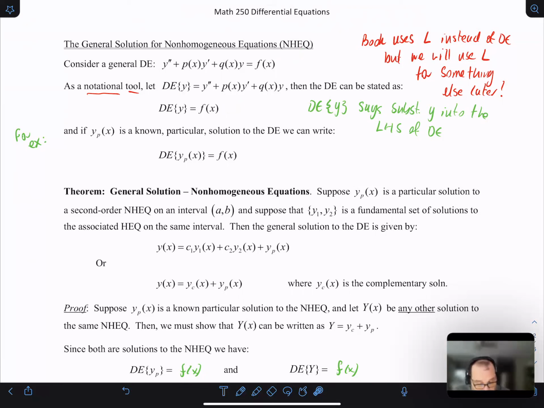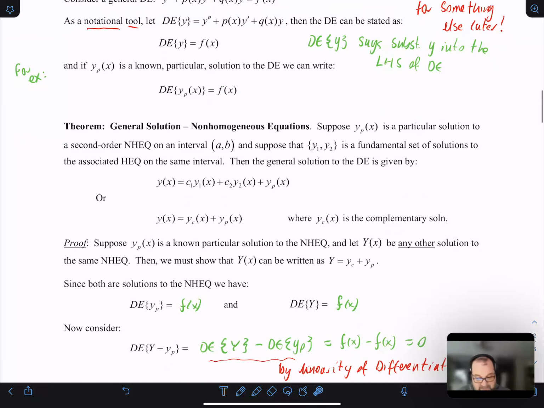As an illustration of this notation, if the function y sub p of x is some known particular solution to this DE, then we can state that by saying if you put y sub p inside the DE on the left-hand side, what you get out is f of x. That is stating that when we put y sub p into the DE, we indeed get f of x out of it. So this is our notation.